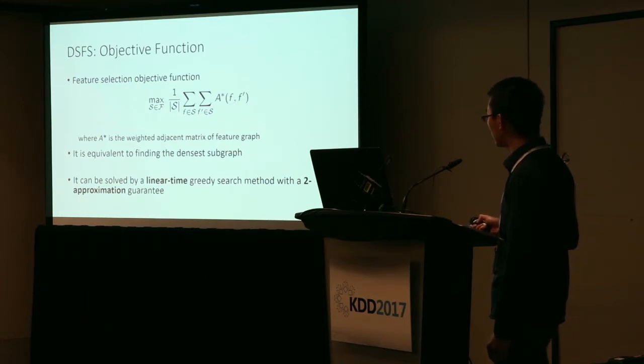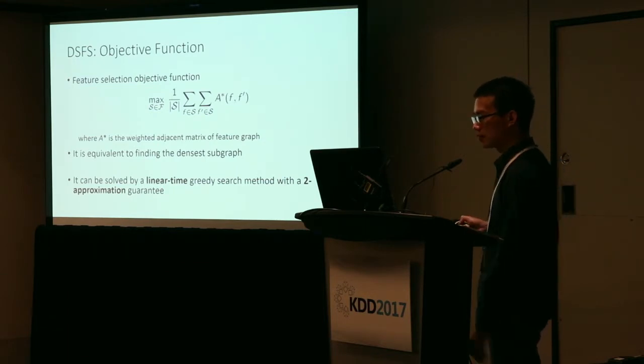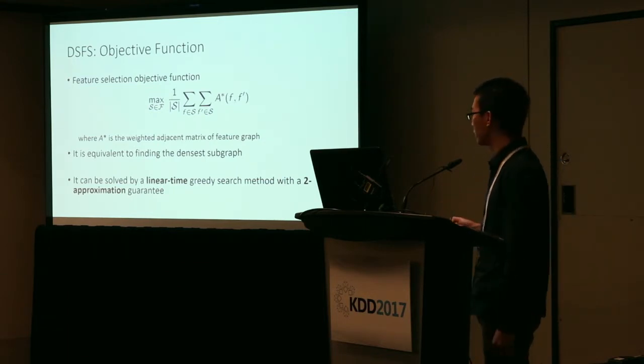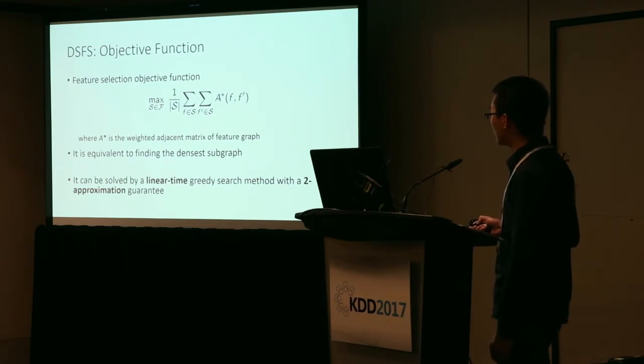The difference here is that we build on the feature graph, which conveys the outlyingness of the features. If you are familiar with dense subgraph discovery, you can see this is equivalent to finding the densest subgraph out of the feature graph A. This equivalence gives us very nice solutions to this problem.